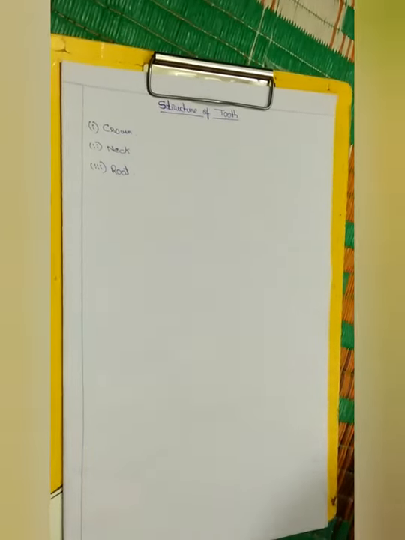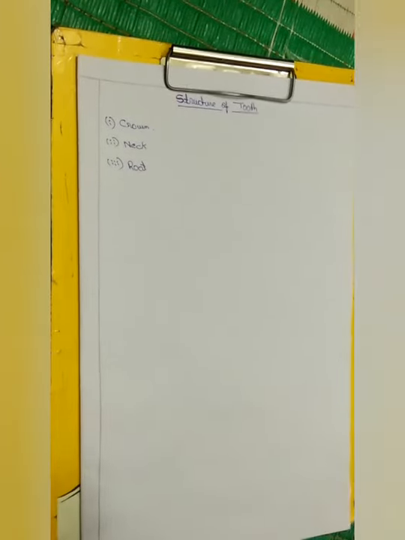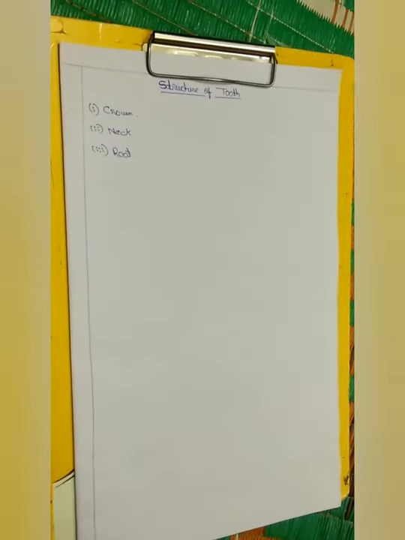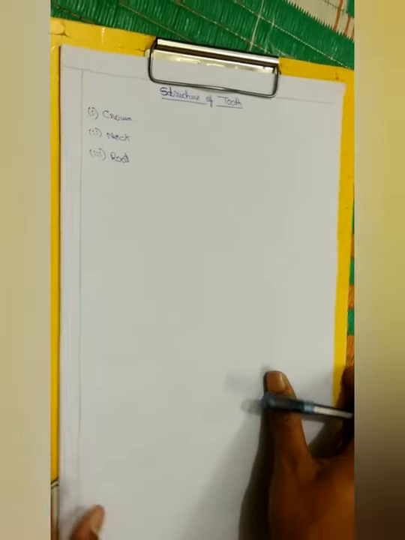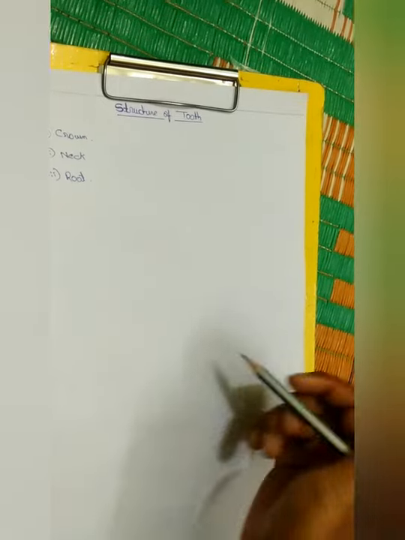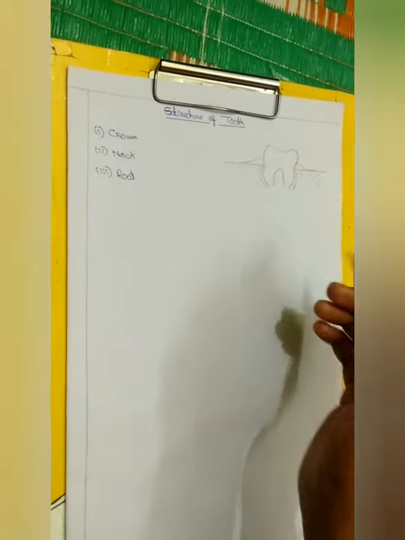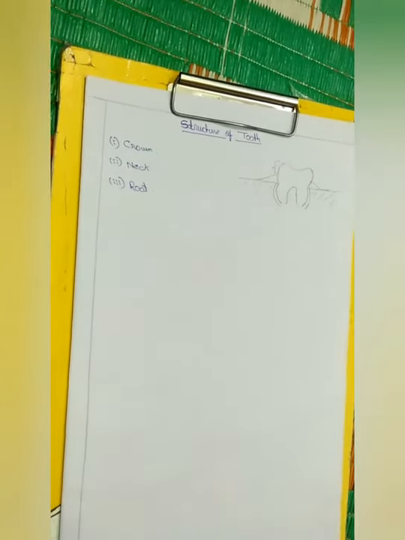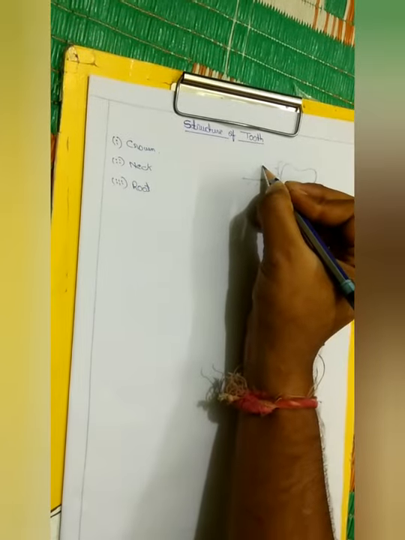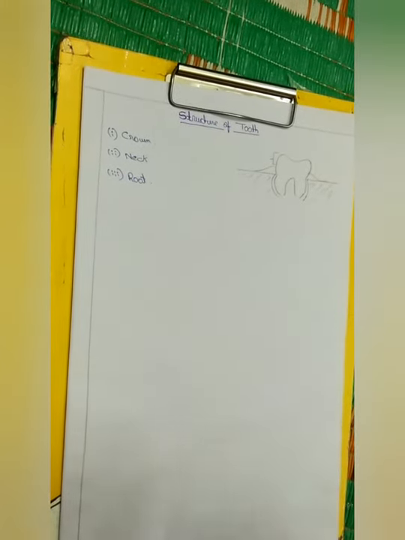So now I draw a tooth, and then we label it and understand it in detail. The portion which is visible for us, the white portion of the tooth, is called the crown part.